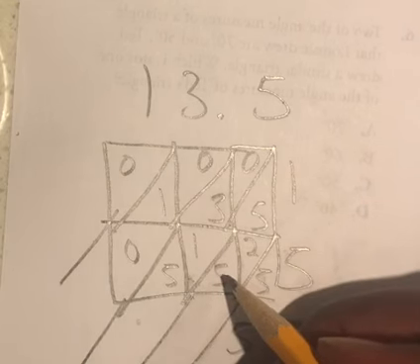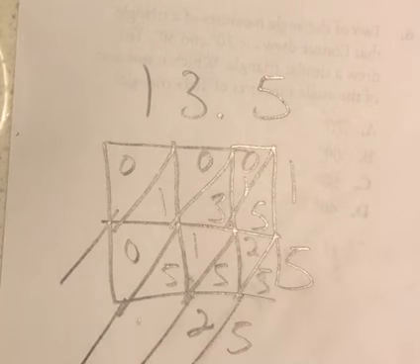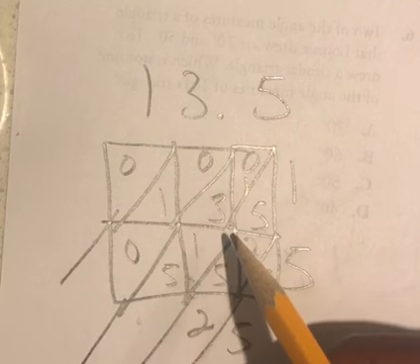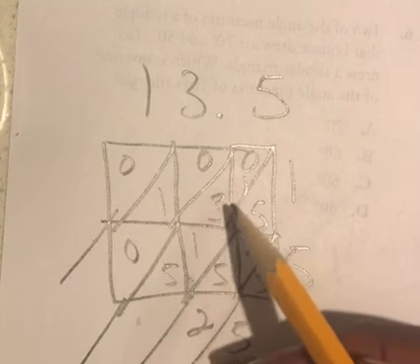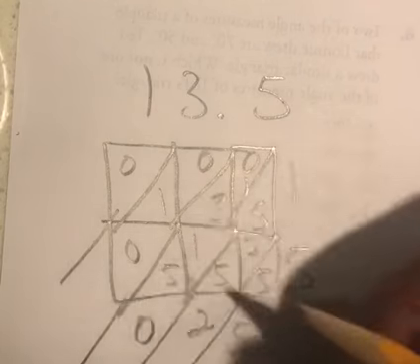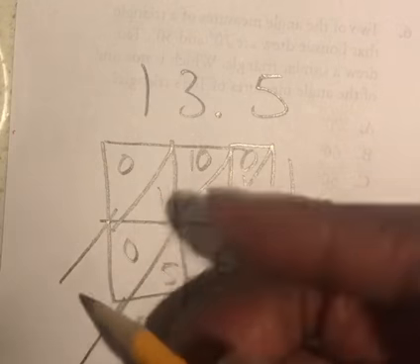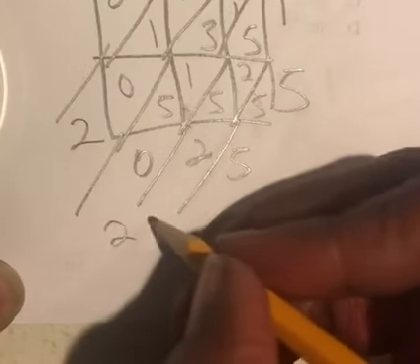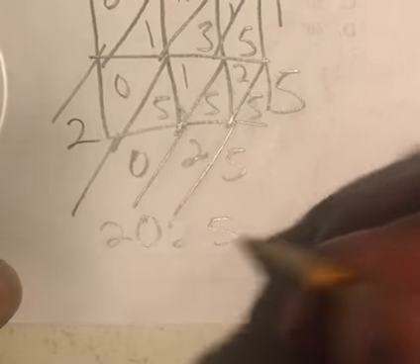5 plus 5 is 10, plus 2 gives me 12, carry that 1. Then I have 1 plus 1 is 2, plus 3 gives me 5. 5 plus 5 gives me 10. So I'm going to go ahead and carry that 1 again. 1 plus 1 gives me 2, and my answer is 2, 0, 2, 5.